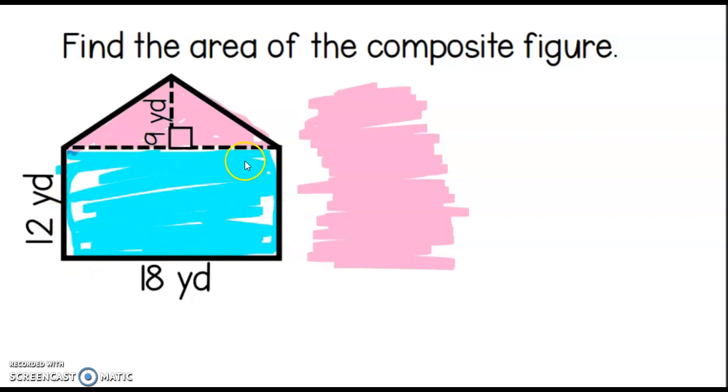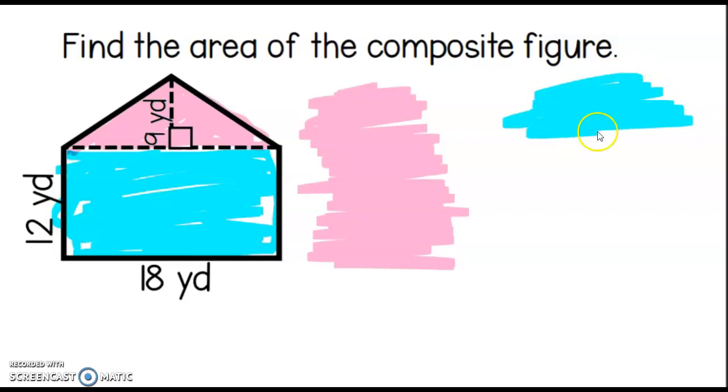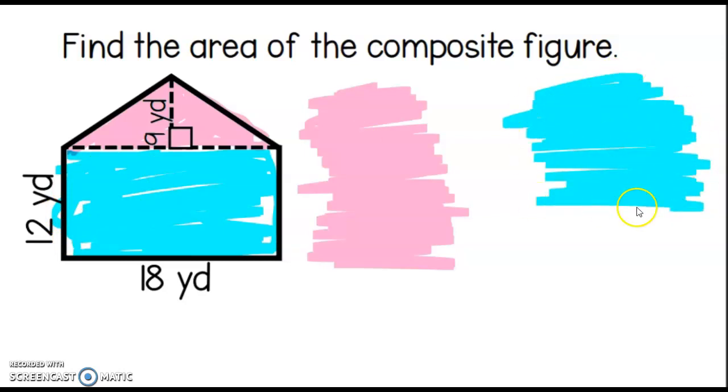So I just broke my composite shape into two things that I know how to find the area of. I know how to find the area of a rectangle, and I know how to find the area of a triangle. Let's do the triangle first. The area of a triangle is base times height, and then cut it in half, divided by 2.